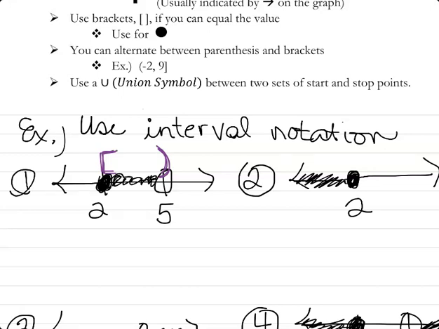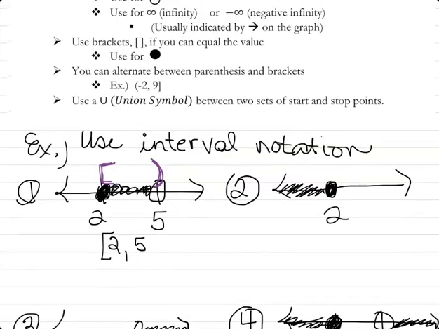So the shading starts at 2 and ends at 5. You include the 2, you do not include the 5. So bracket on the 2, parentheses on the 5. On the next one, we're including the 2, so that's going to be our bracket. But our shading starts on the far left.